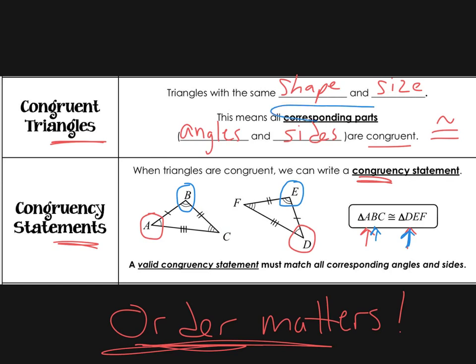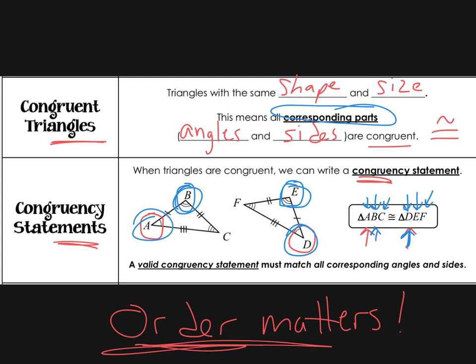Corresponding parts. This idea of this angle corresponds to this angle. Then I moved on to the double arced angle. And I notice that that's B and E respectively on each triangle. So if I go from A to B, then I have to go from D to E. The last letter standing here is C, and the last letter standing here is F.